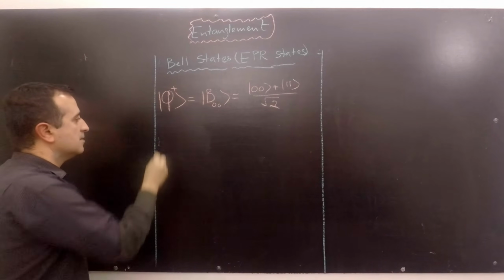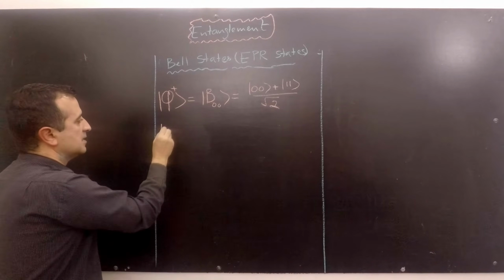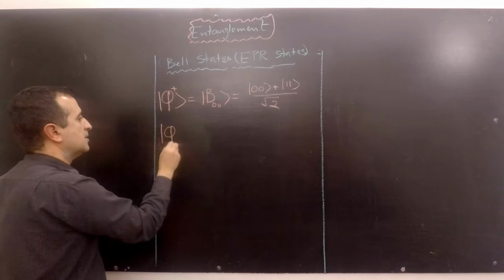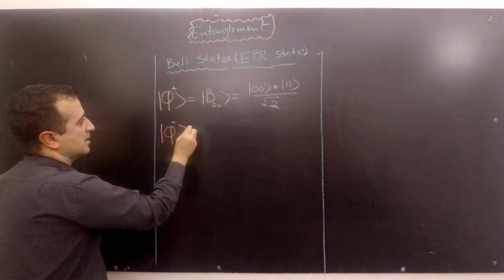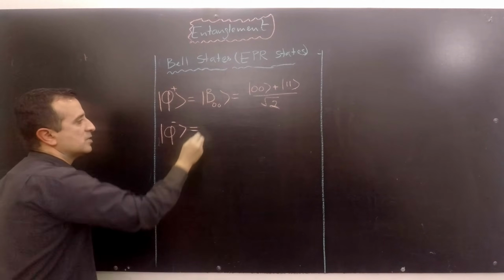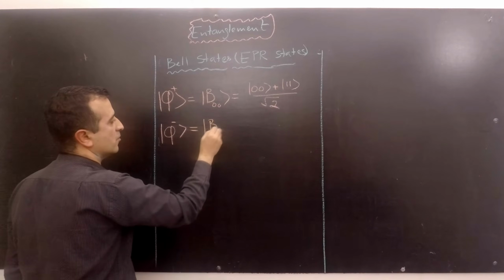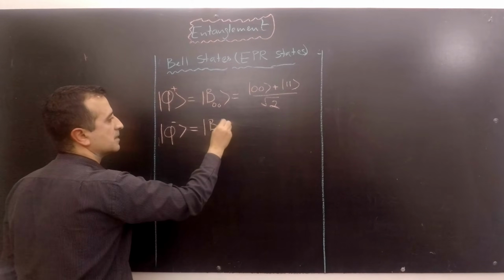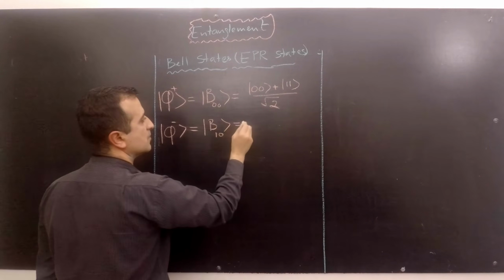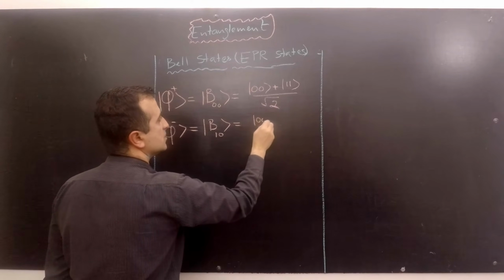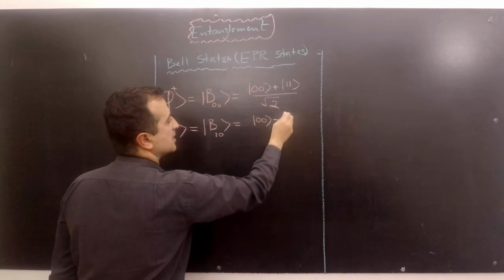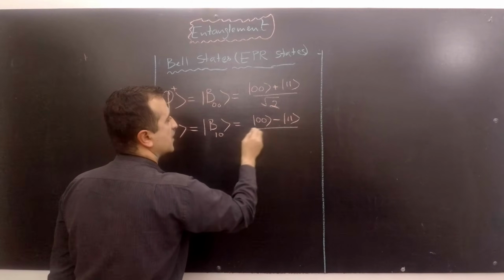The second Bell state is known as ket phi minus, also known as Bell state 10, and is equal to ket 00 minus ket 11 divided by square root of 2.